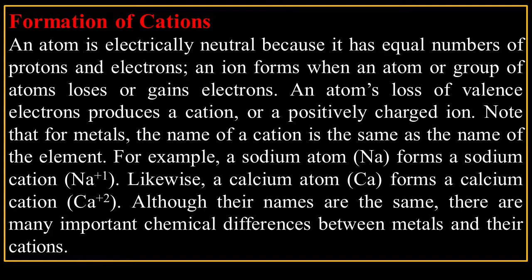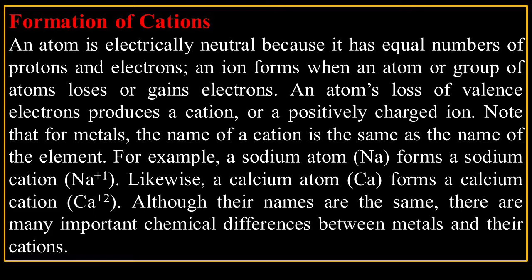Note that for metals, the name of a cation is the same as the name of the element. For example, a sodium atom, Na, forms a sodium cation, Na+1. Likewise, a calcium atom, Ca, forms a calcium cation, Ca+2.